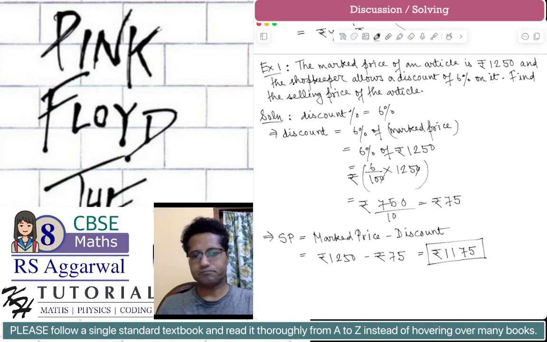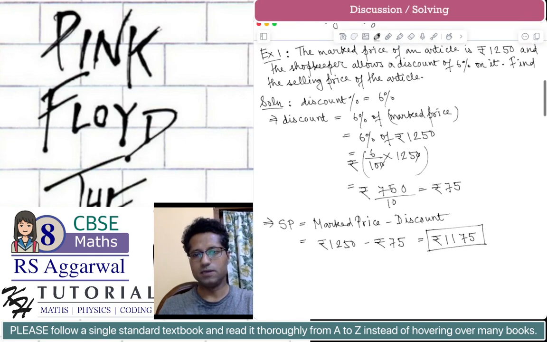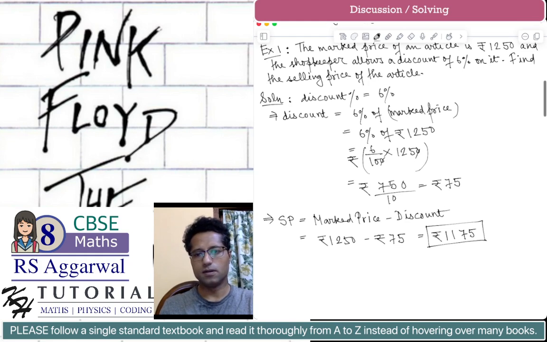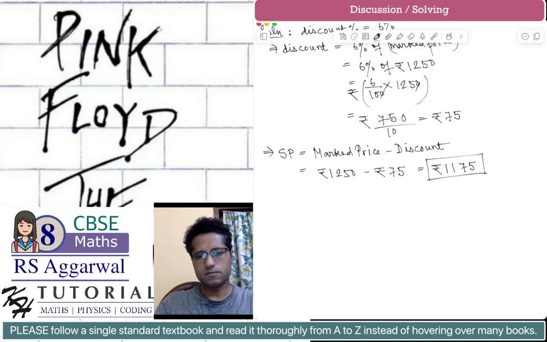Now, this problem could also be solved in a slightly different way. It is all about percentage. Your concept of percentage should be very strong. Now, note what actually is selling price?